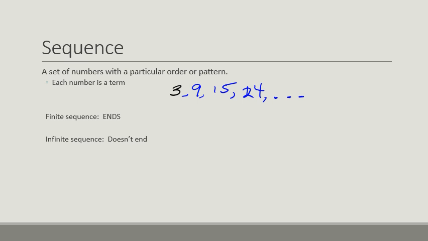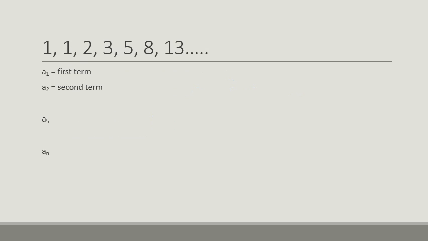A finite sequence, if we had the sequence being real simple, 1, 2, 3, 4, and it's done, it's a finite sequence. The first example, the 3, 9, 15, 24, with the 3 dots after, is an infinite sequence. It doesn't end.